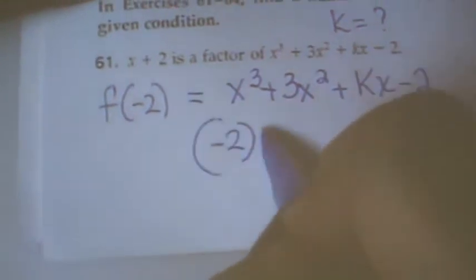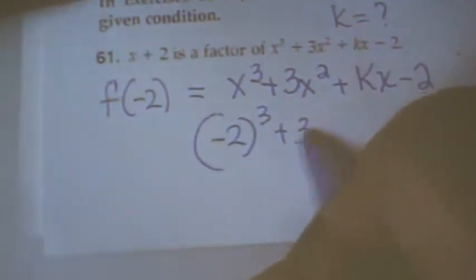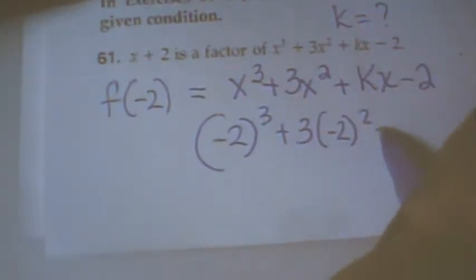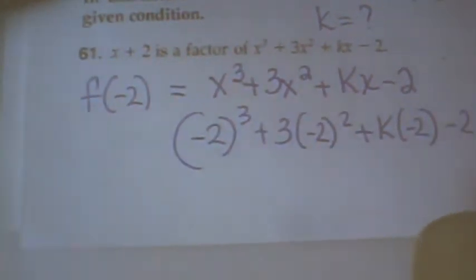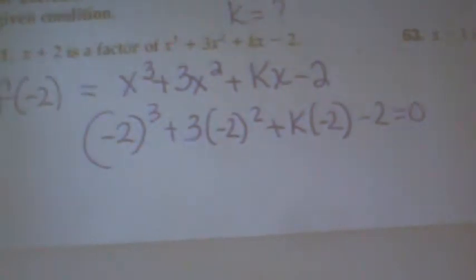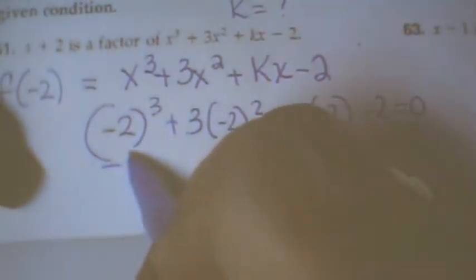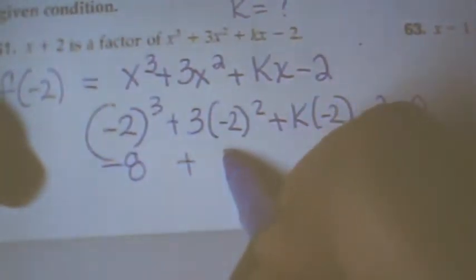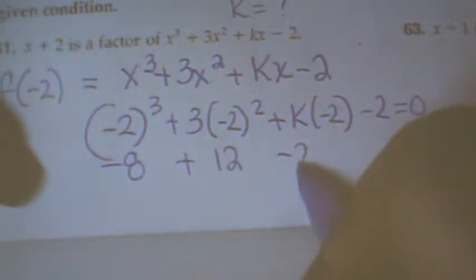So -2 cubed plus 3 times -2 squared plus k times negative 2 minus 2. I want that to equal 0. So what would you do? What's this, negative 8? It's 12. Well, it's 2k.